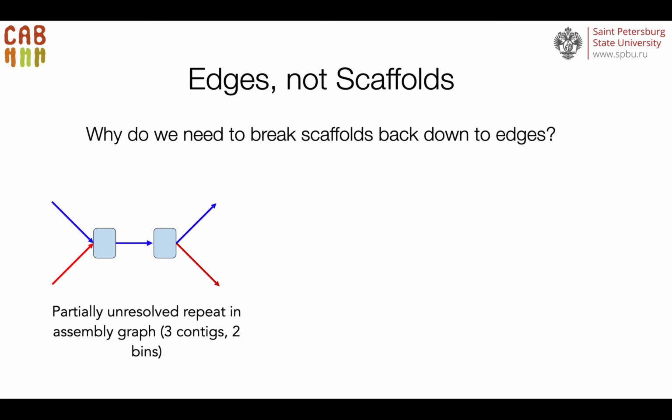Here's an example. Consider a partially unresolved repeat in the assembly graph consisting of 3 different contigs. The blue path is a single contig and 2 red edges are separate contigs. And consider that the blue contigs belong to one bin and the red ones belong to another bin.